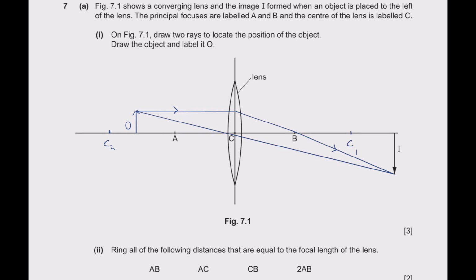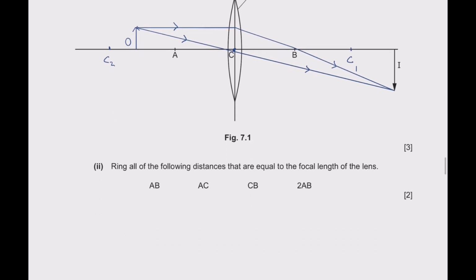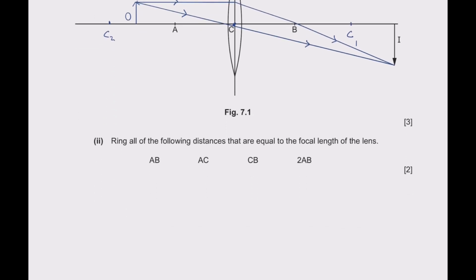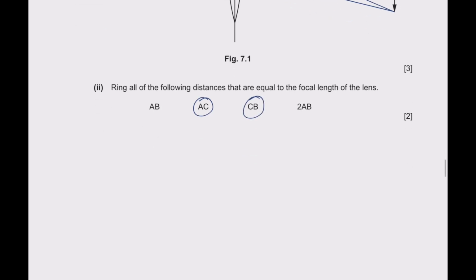It is difficult for me to draw, but it should pass through the center of curvature. So these are the two rays you have to draw, and the following distances are equal to the focal length. The focal length is A to C and C to B, so A to C and C to B are the focal length of the lens.